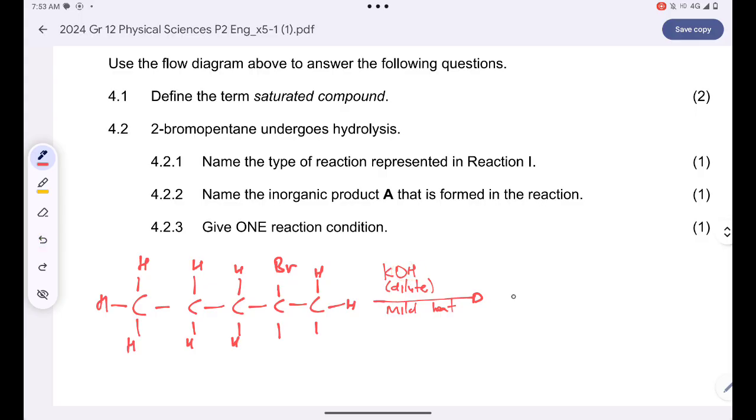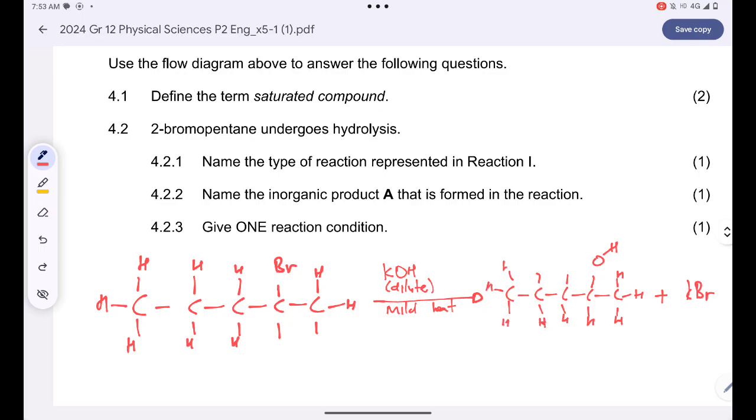I'll end up having 1, 2, 3, 4, 5, and an OH over there, and since the OH will substitute the Br, the inorganic product which is formed will be just potassium bromide. And then all I have to do is to write the hydrogens over there.